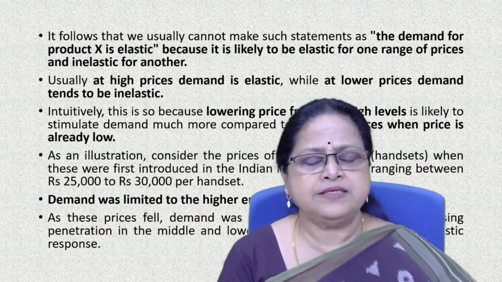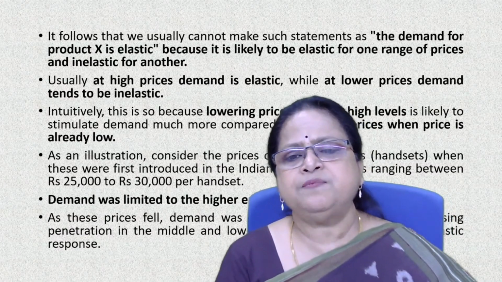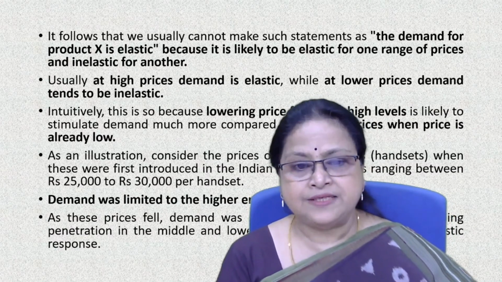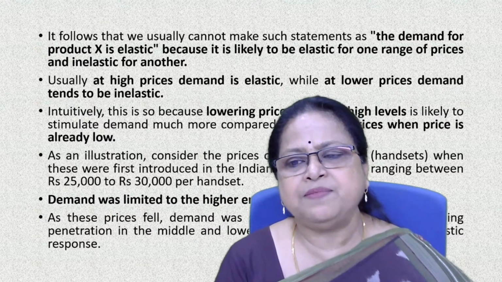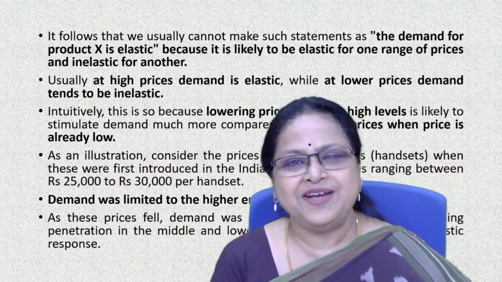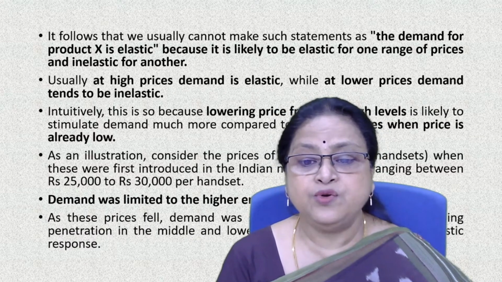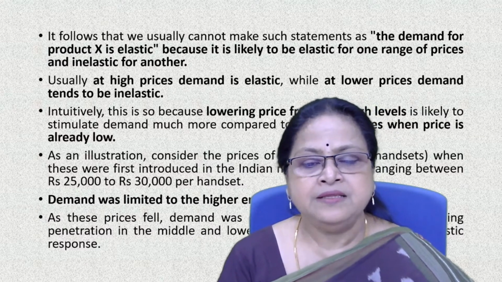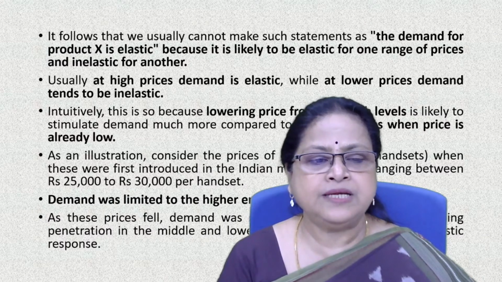So as an illustration, consider the price of cellular phones when these were first introduced in the Indian market at prices ranging between 25,000 to 30,000 per handset. Demand was limited to only the higher end of the market, that means only high income group people could buy that type of product.